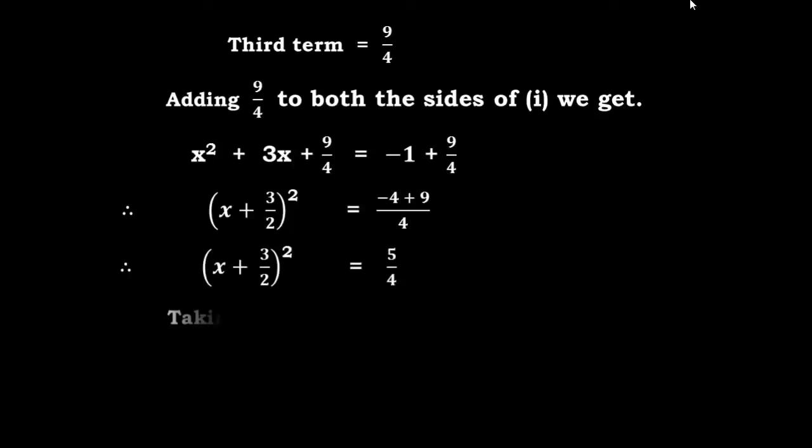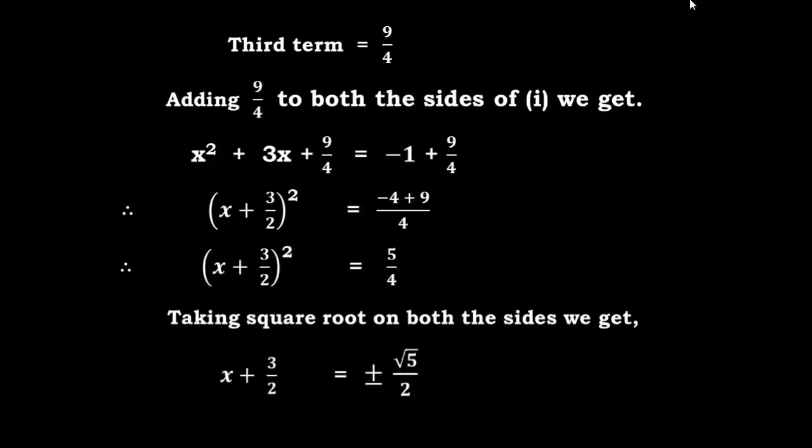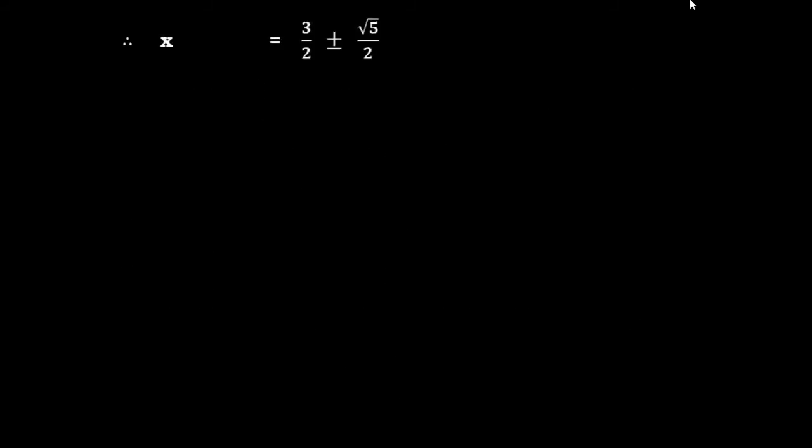Taking the square root on both the sides, x plus 3/2 is equal to plus or minus root 5 upon 2. So x is equal to minus 3/2 plus minus root 5/2.